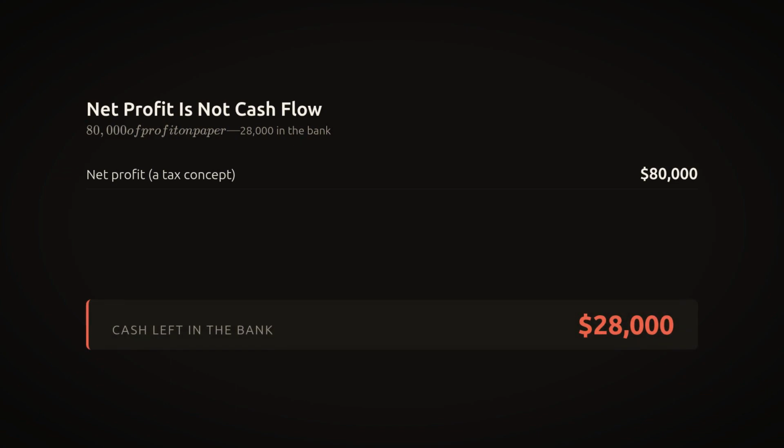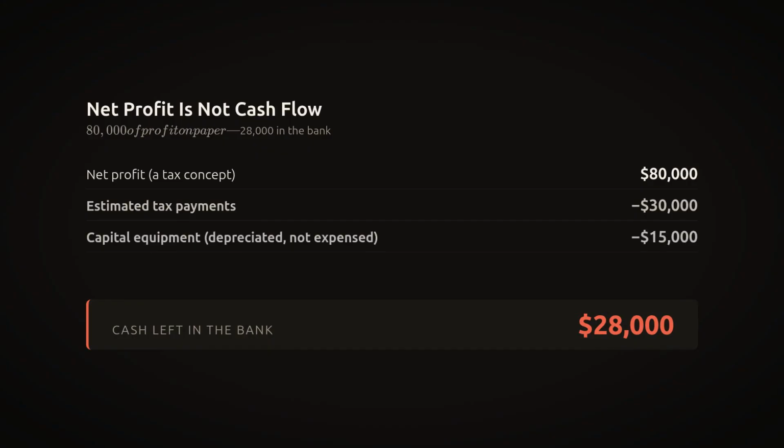A business can show $80,000 in net profit while the owner's bank account shows $28,000 because $30,000 went to estimated tax payments, $15,000 was a capital equipment purchase depreciated over years rather than expensed immediately, and $7,000 was a loan principal repayment that isn't a deductible expense.